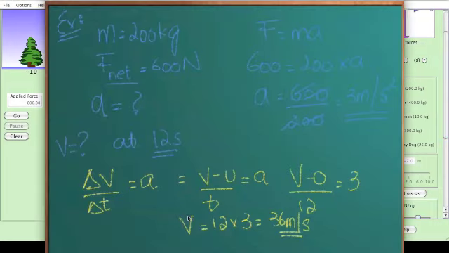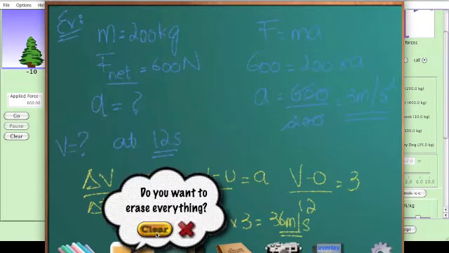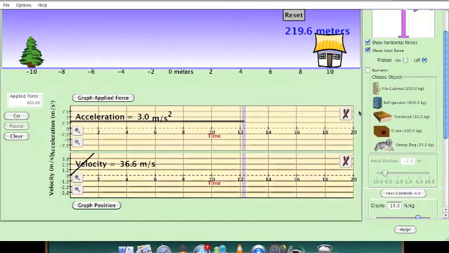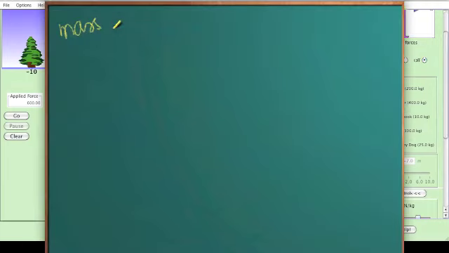And let's take another example. Let's just change the mass. Okay. Let's just use a crate instead. Let's use a crate of mass 300 kilograms. And let's just predict some things beforehand.